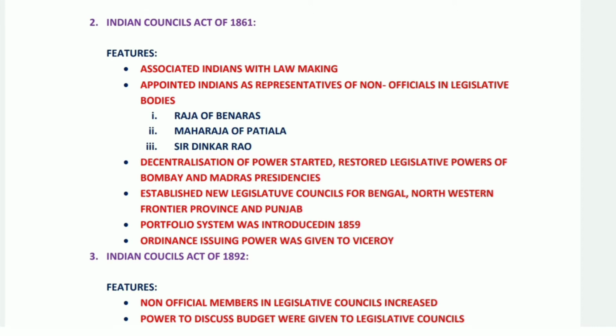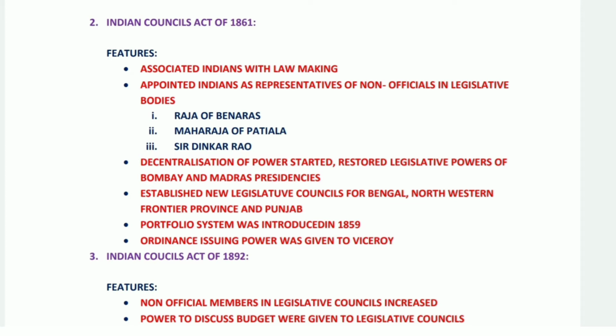So in that act, the powers of governors of Bombay and Madras were taken, and in this act those powers were given back to Bombay and Madras presidencies, and thereby their legislative powers were restored. After that, this act also established new legislative councils for Bengal in 1862, in northwest frontier provinces in 1866, and in Punjab in 1897.